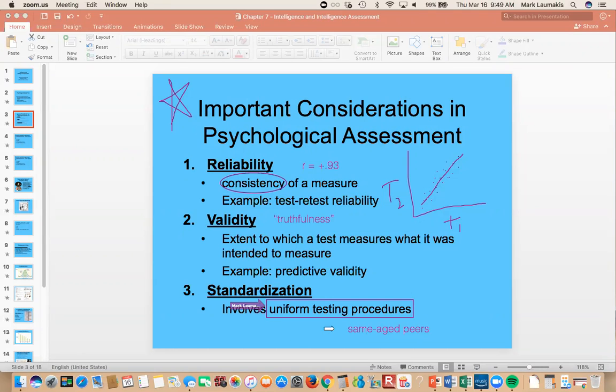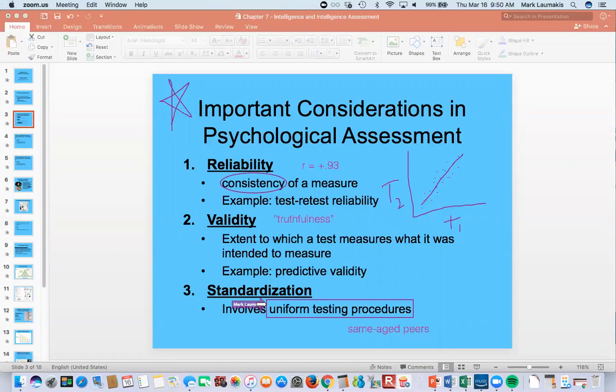It allows us to do an apples to apples comparison to your same age peers if and only if we use these uniform testing procedures. Again, rigorous and rigid is what comes to mind, right? We're doing this because we know on the back end, we want to be able to compare the performance of this one person to everybody else who was tested in exactly the same way.